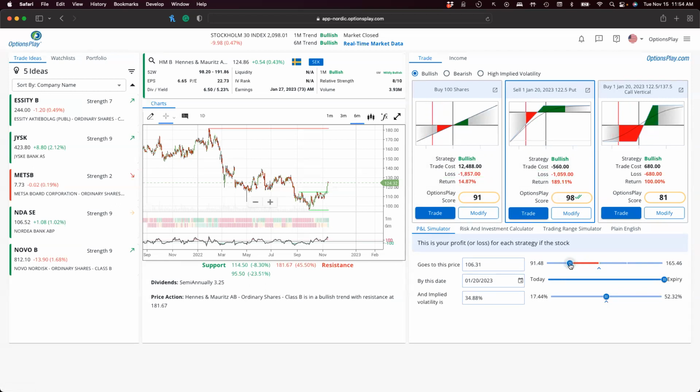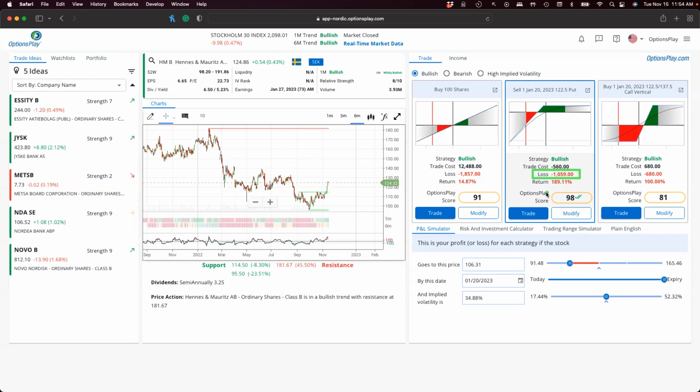And also you should think about what is a realistic amount for the stock to move against me, right? 106, think about 106. 106 is down here, right? So if the stock declines back to 106, then instead of losing 9,600 crowns, you're only, in this particular case, losing about 1,000 crowns. So put that into perspective, right? 9,600 crowns versus 1,000 crowns.